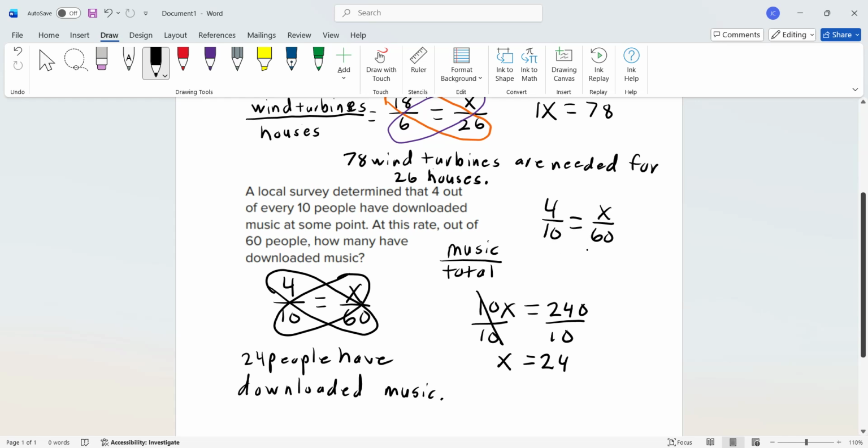The other way that we can solve a problem like this is I can divide on the bottom. So 60 divided by 10, what does that give me? Well, that gives me 6. So now I take that 6 and I'm going to multiply it times my top. So 6 times 4 would give me 24. That's the other way that we can solve.